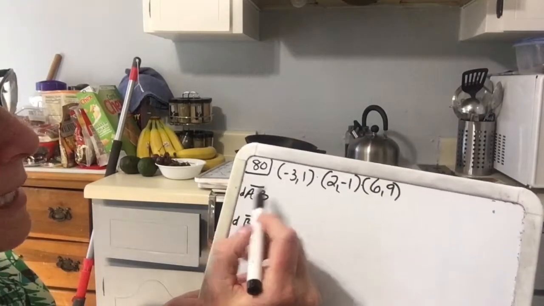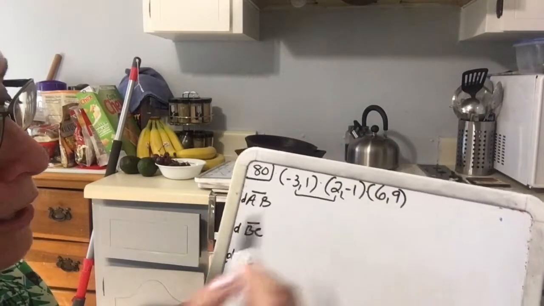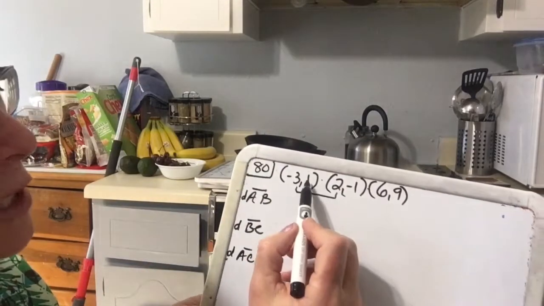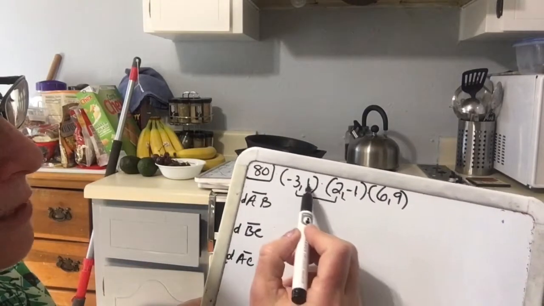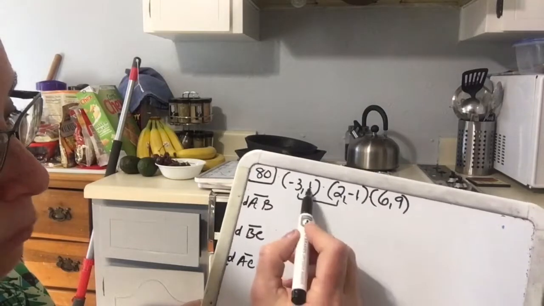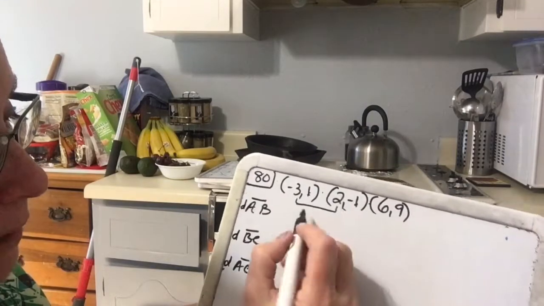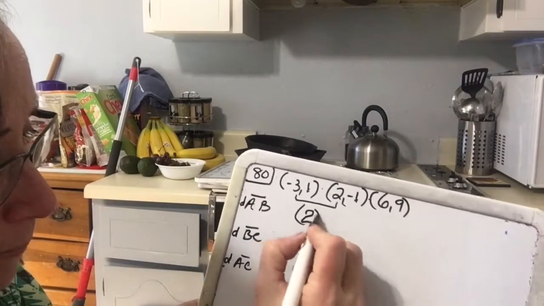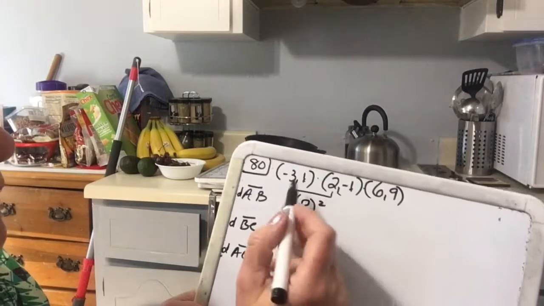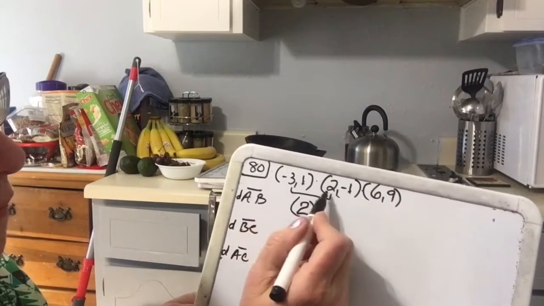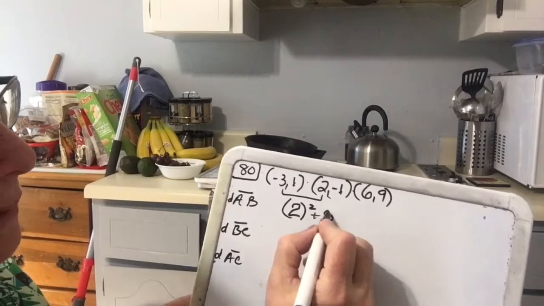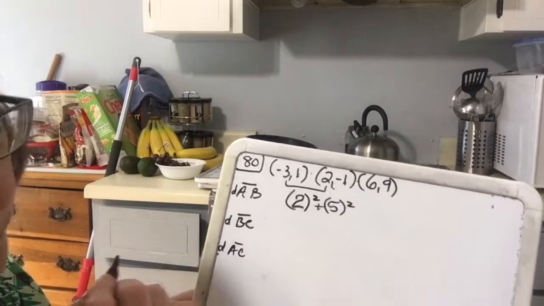All right, so the distance between A and B, we're just going to use our distance formula, which is difference between these. So these are 2 steps apart, right? 1 and -1 are 2 steps apart on the number line, and we're going to square that. And then 2 and -3 are 5 steps apart on the number line, and we're going to square that.